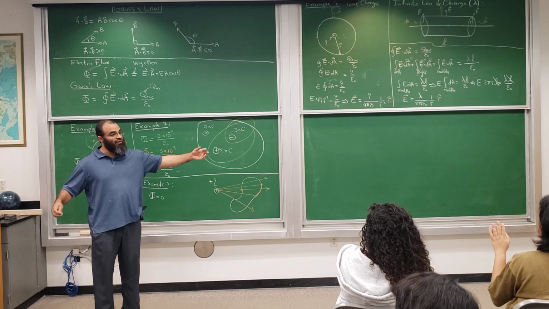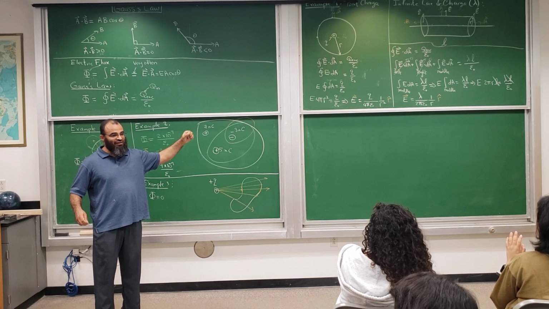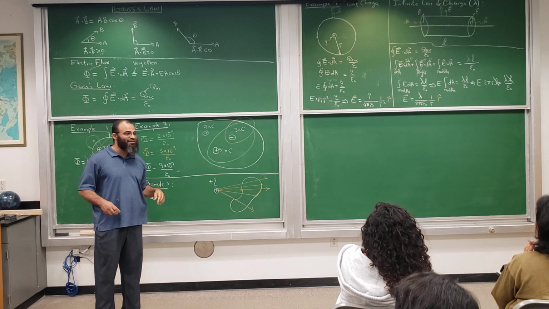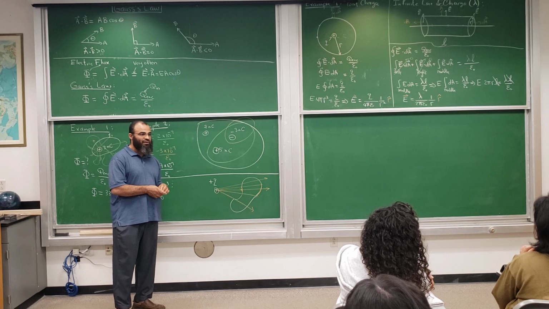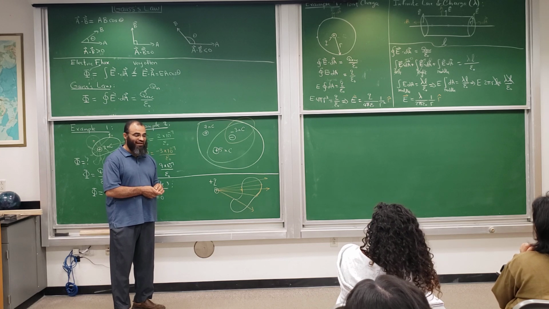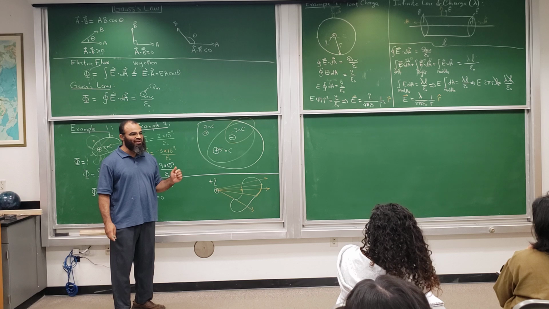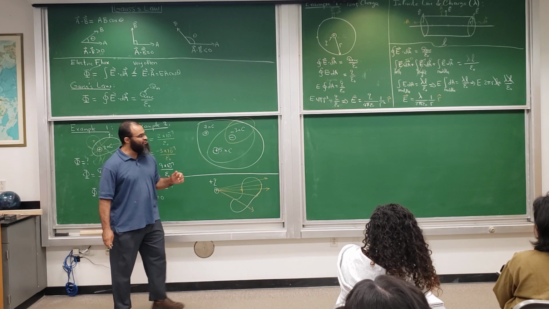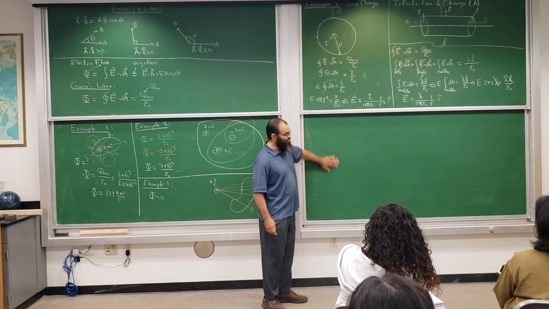Sometimes you'll have an infinitely long wire, sometimes an infinitely long cylinder. What shape would you use? Cylinder, yeah. What shape would you use for each? That would be the next one. It's called planar symmetry. Let's say this is the sheet.